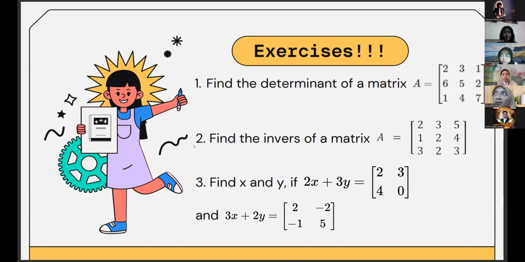this discussion, yeah? The group has 3 exercises. Number 1, it is about the determinant of a matrix. Number 2, about the inverse. And number 3, you have to find the value of x and y.